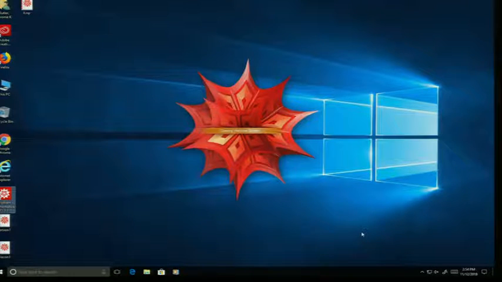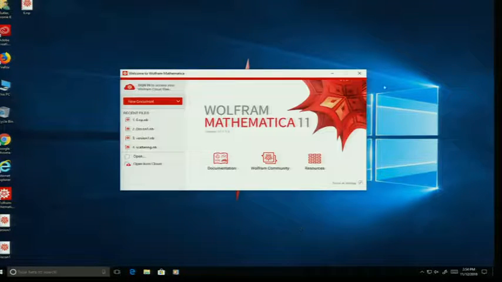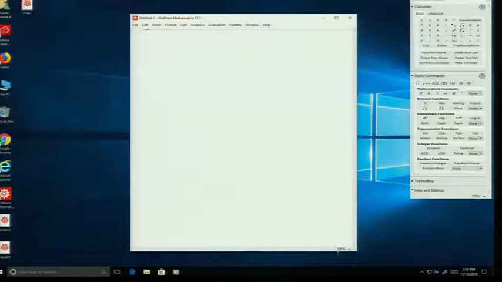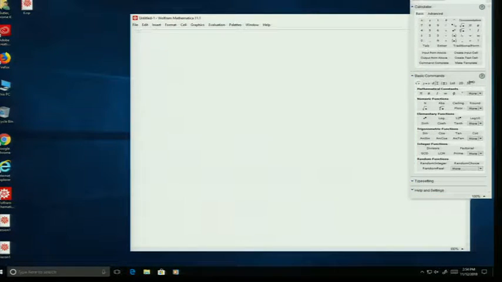1 over C. New document. Give it a little life, 300%. Make the screen legible.